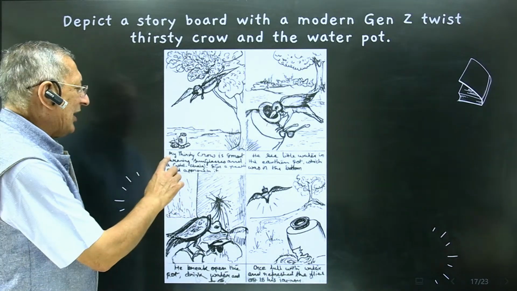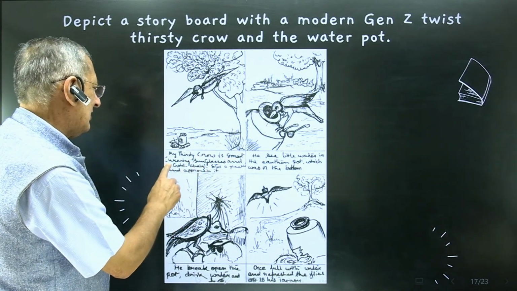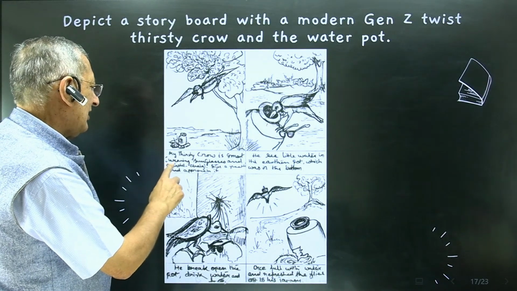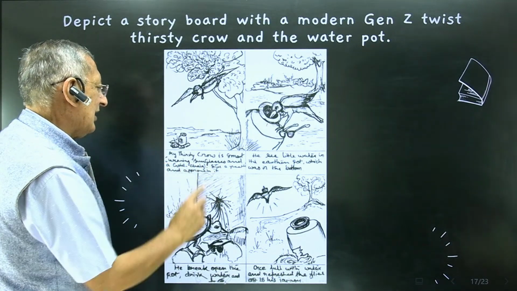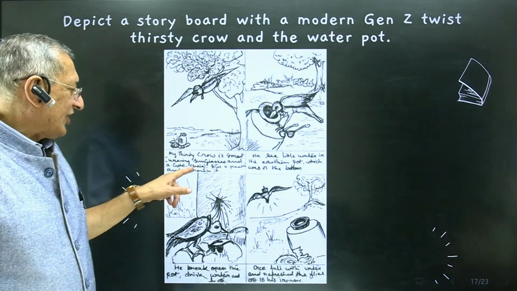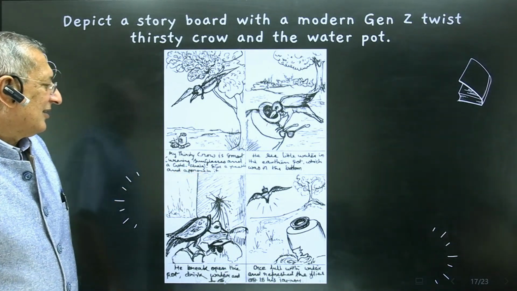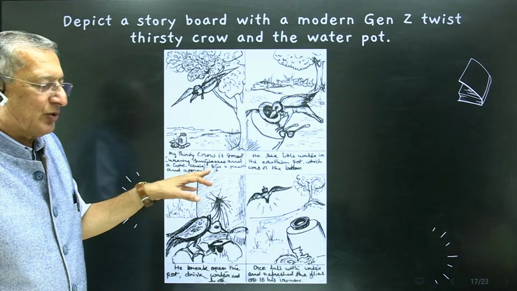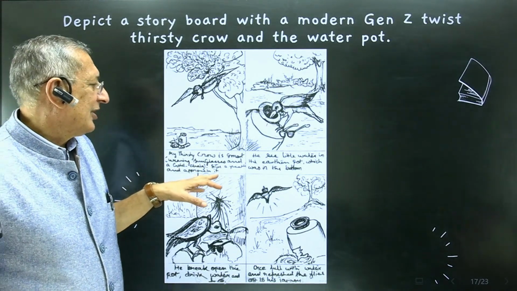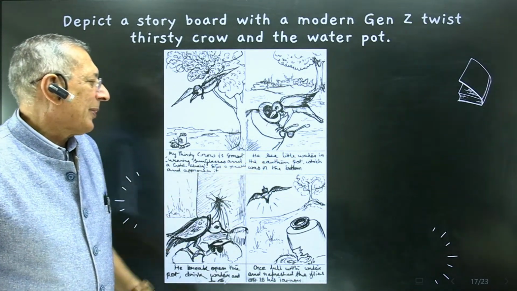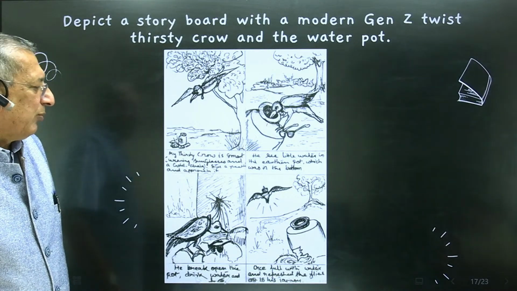And the narration: my thirsty crow is smart, wearing sunglasses and a gold chain, sights a pot and approaches it. You see little water in the earthen pot, which was in the bottom.